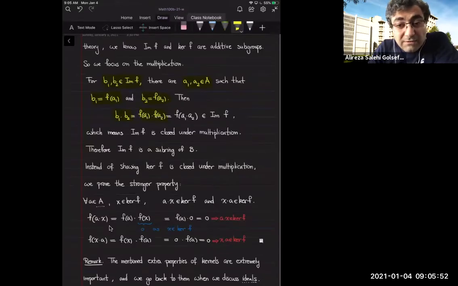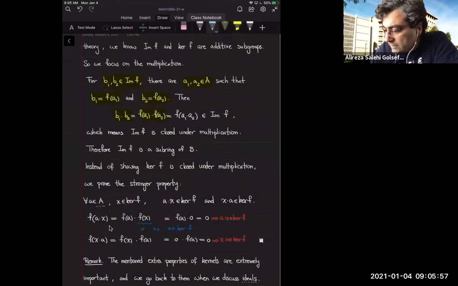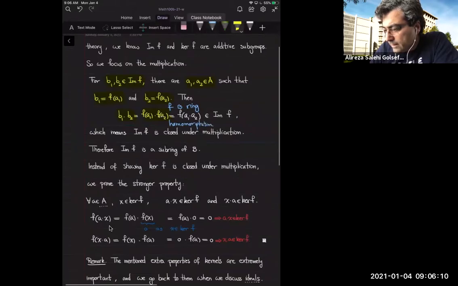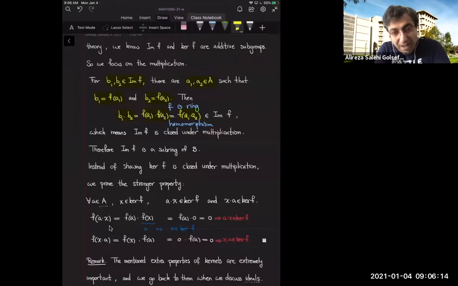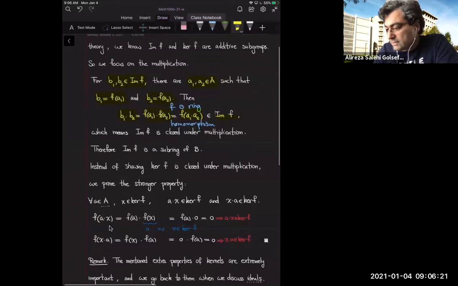Now we simply use the fact that F is a ring homomorphism, and therefore it preserves multiplication. Now that it preserves multiplication, we deduce that it is F of A1 times A2, which means it is in the image of F. Therefore, image of F is closed under multiplication.